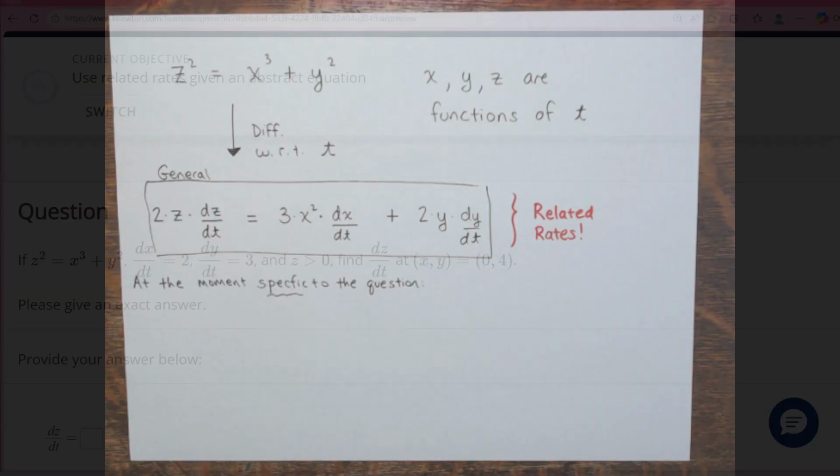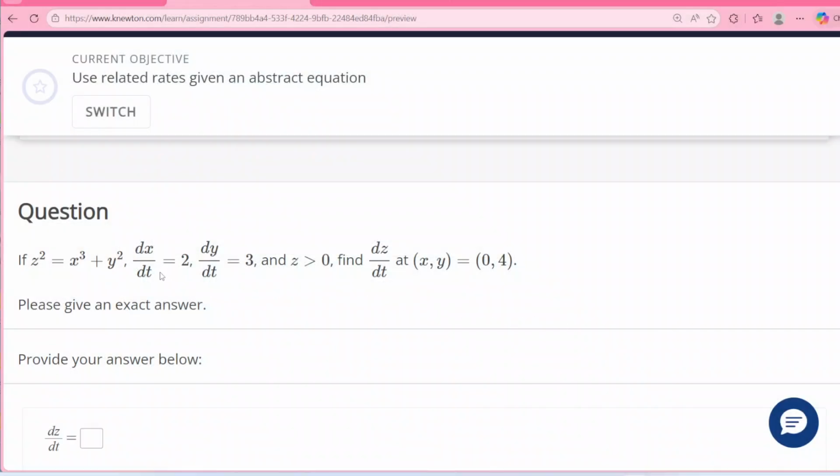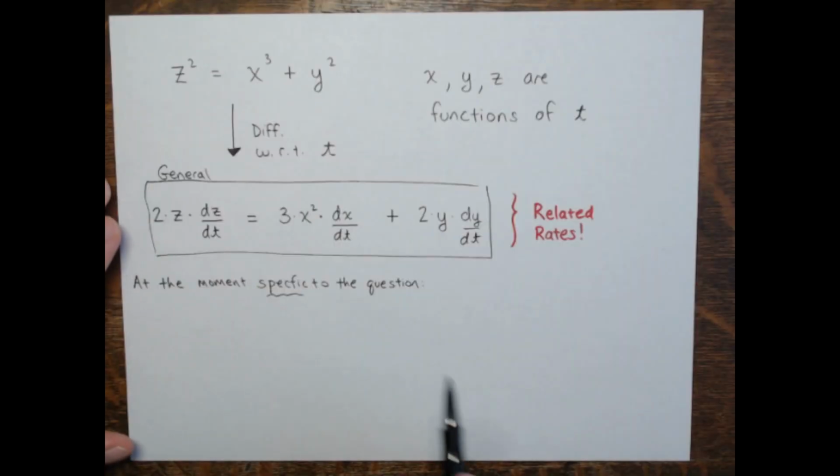So you go back to the information we were given. We were told that dx dt, x prime, at this moment we're looking at has a value of 2. And at the moment they want, dy dt or y prime has a value of 3. Z should be positive. When we do find z, it should be some positive value. And then we're asked to find the value of z prime or dz dt at the point where x equals 0 and y equals 4.